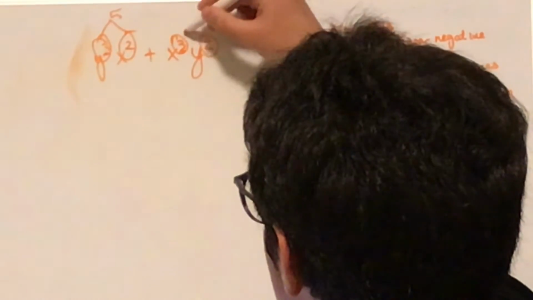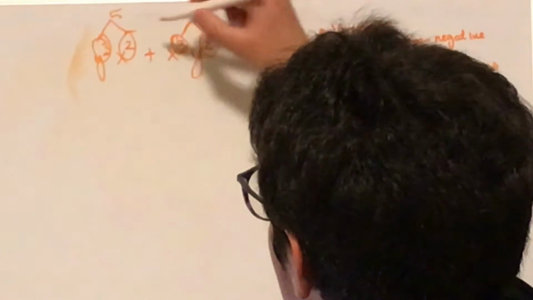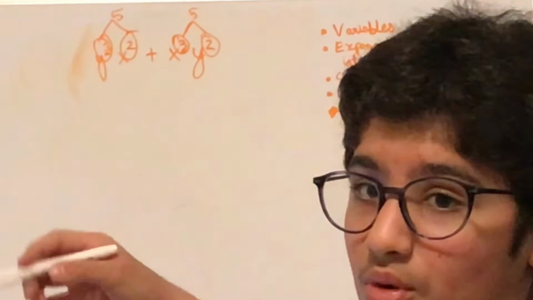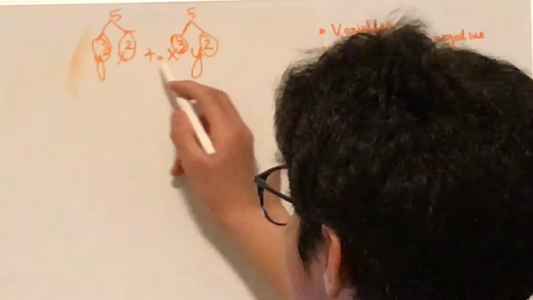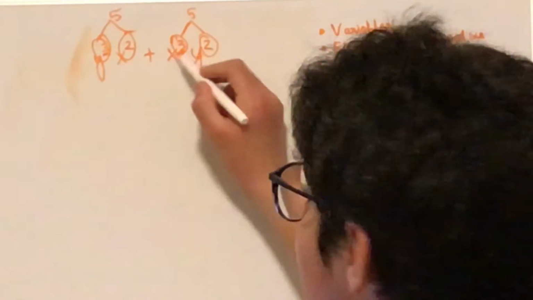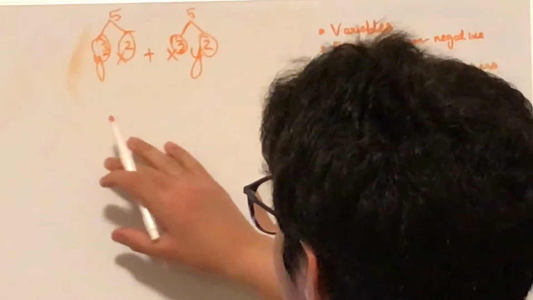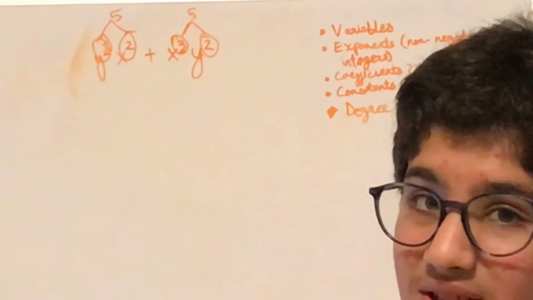Here we have 3, here we have 2, this is also a total of 5. Now they're both equal, but you can decide how you want to order them. If you want to prioritize y first, like you want to put y higher, then you put this one first, because here y has a higher exponent. If you want to put x first, then you put x cubed y squared plus y cubed x squared, because then the x has the highest exponent. So most of the time when they're multivariable terms, you can decide which way to order it.